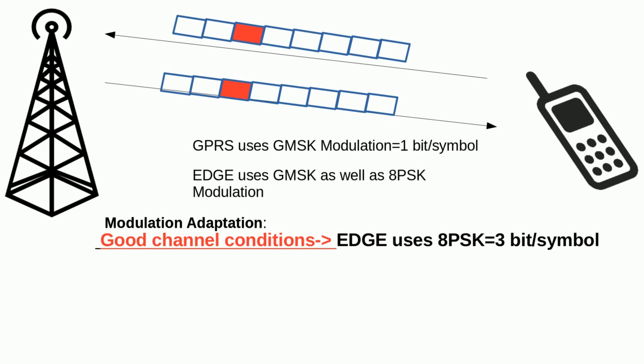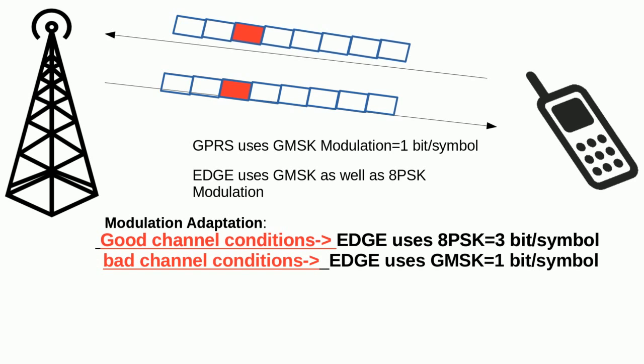This means that it is getting a higher powered signal from its own base station, and it is getting less interference from the neighboring base station. So the mobile's signal to noise ratio is good. This means that it can use a higher modulation scheme, which is 8 PSK in this case. This means that on this time slot there will be 3 bits going with each sample. So we are getting a higher data rate in good channel conditions.